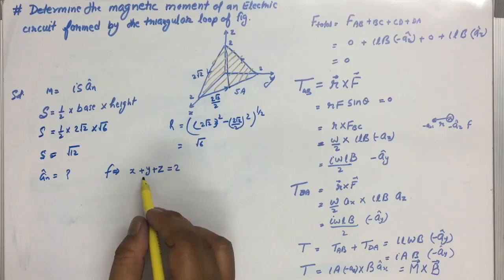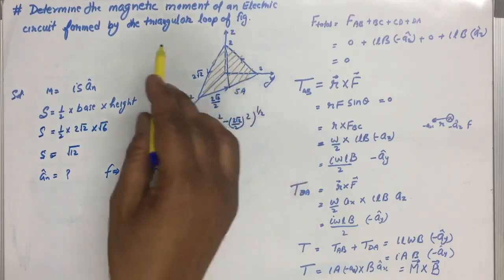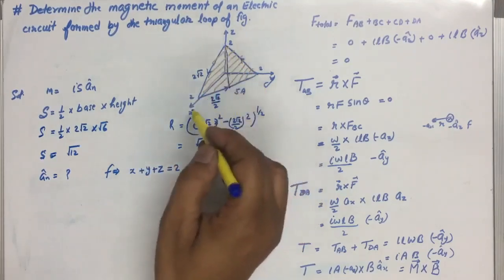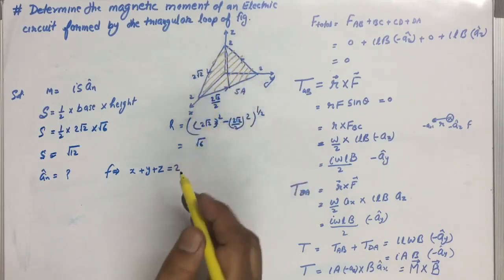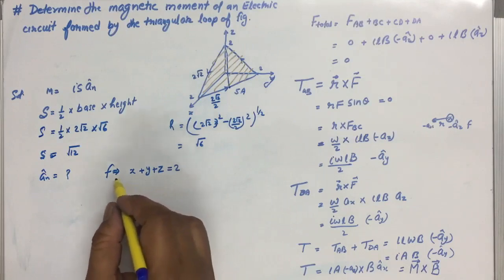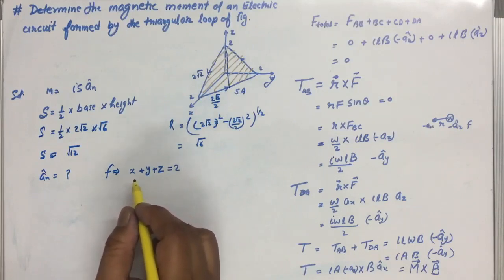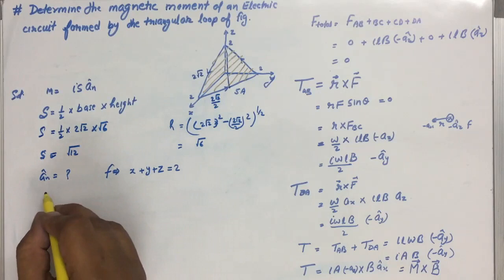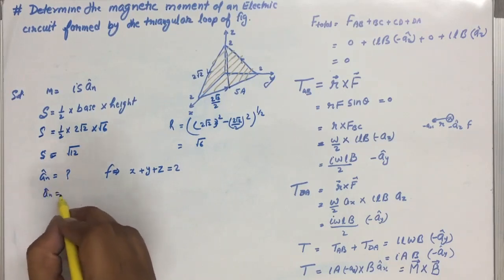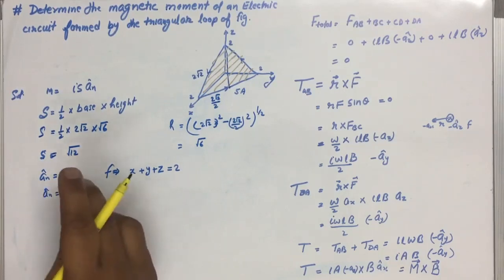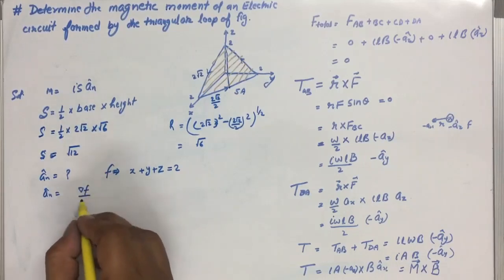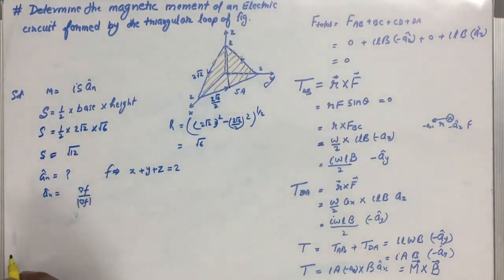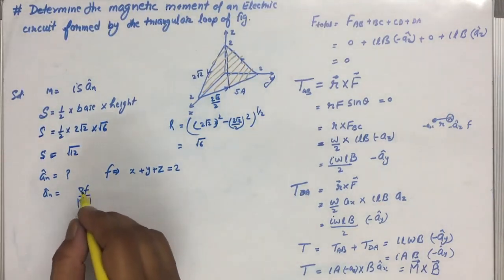This equation satisfies this plane, since the coordinates of these points satisfy it. For any plane, if we wish to find the normal vector, we take the del of that plane function divided by its absolute magnitude. It gives the normal to that plane.